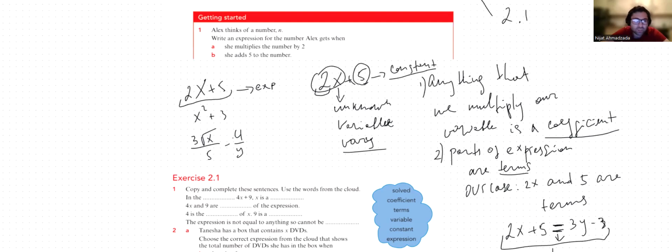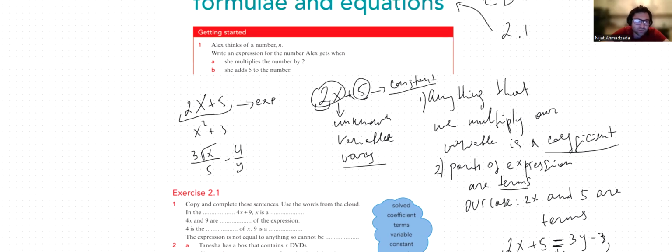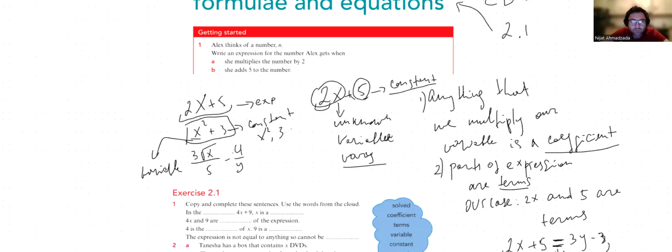Let's just jump into the questions. Before this, let's try to do those as well. So here, our variable is again x. x is the variable. 3 is the constant. x squared and 3 are terms, right?